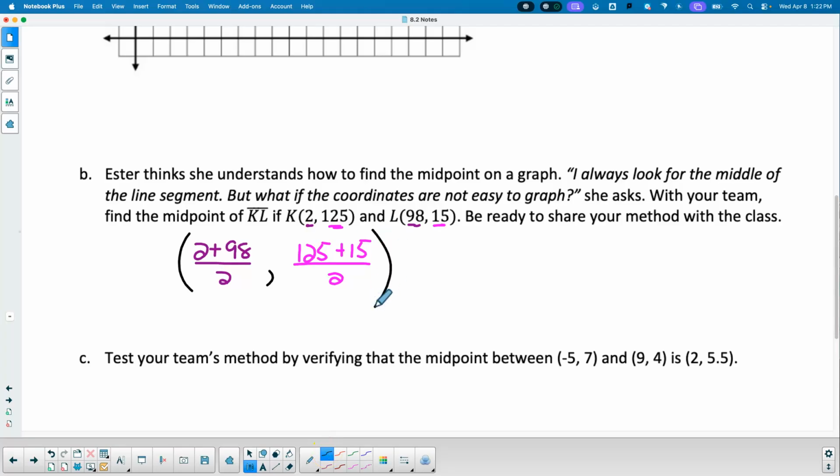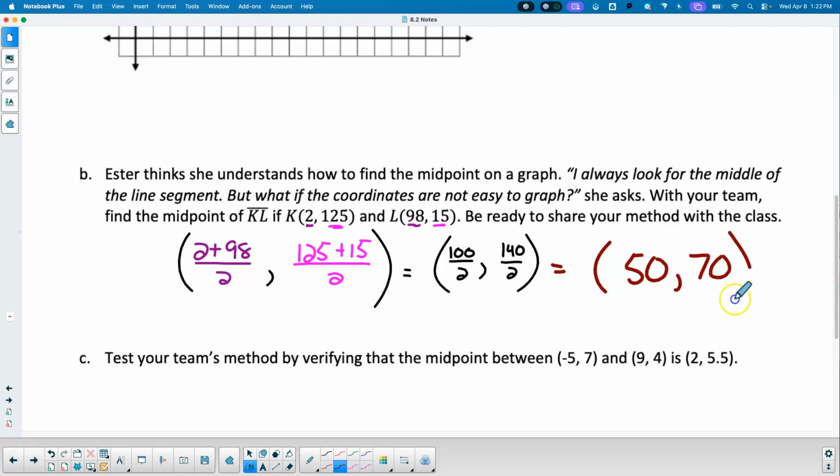Oh, what do we got? 2 plus 98 is 100. 125 plus 15 is 140. So I get the midpoint is at 50, comma 70. Do we agree with that? Average those two. Average the x values, average the y values, shabam.